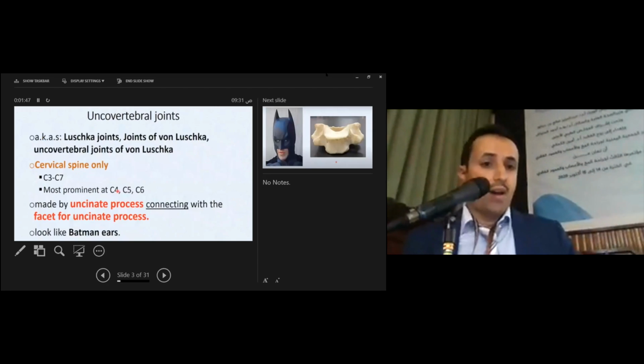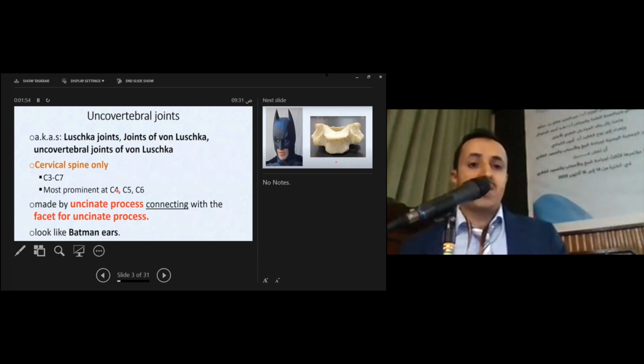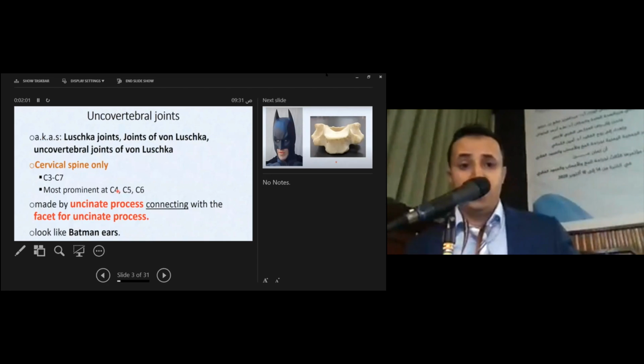I will give you a brief background about the uncovertebral joint, or uncinate process. It's also known as the Luschka joint, or joint of von Luschka, named after the person who discovered this joint.